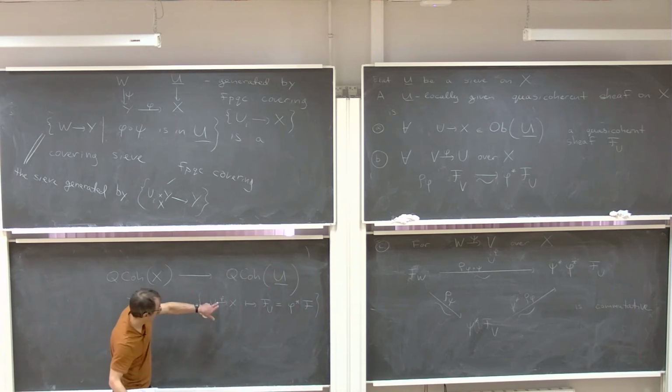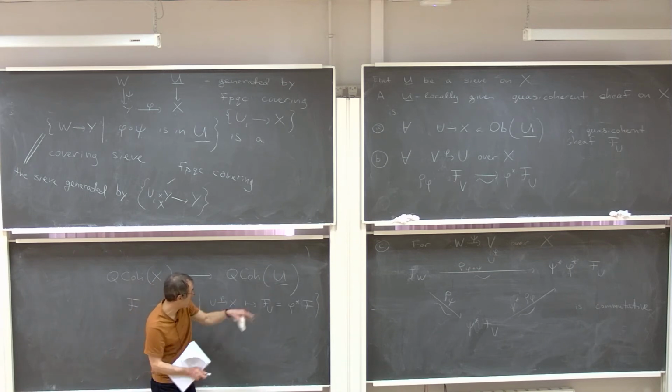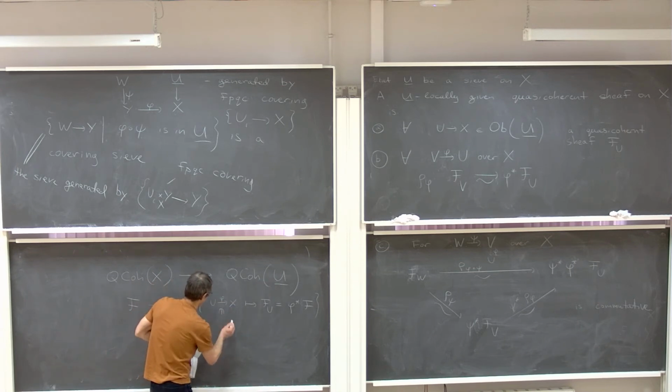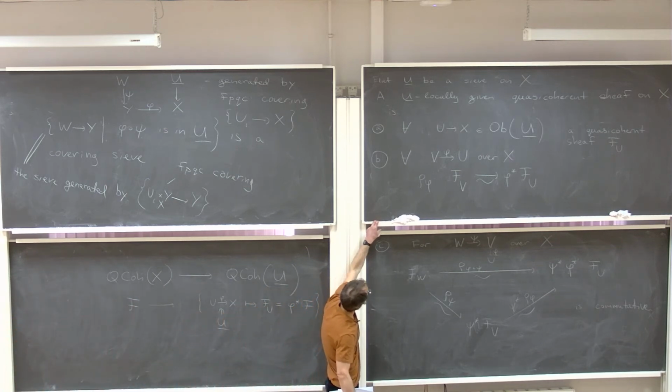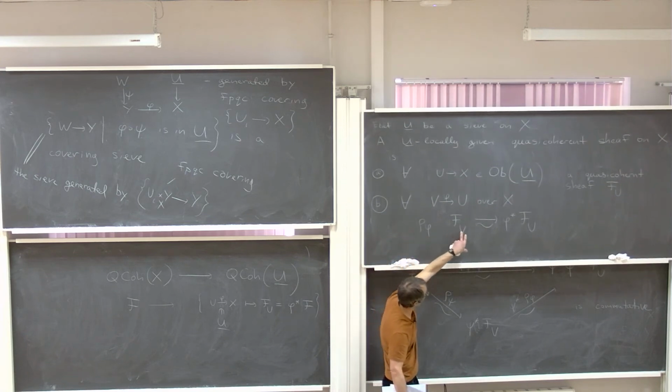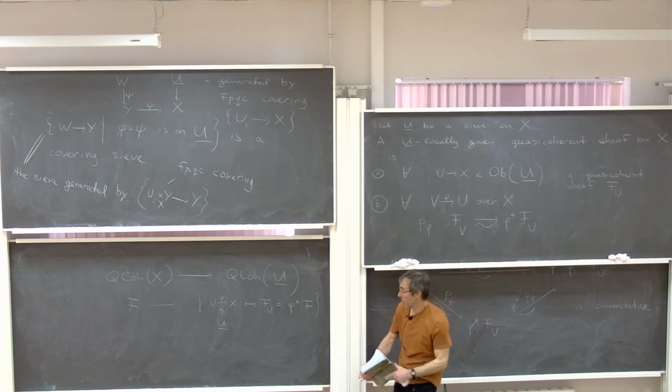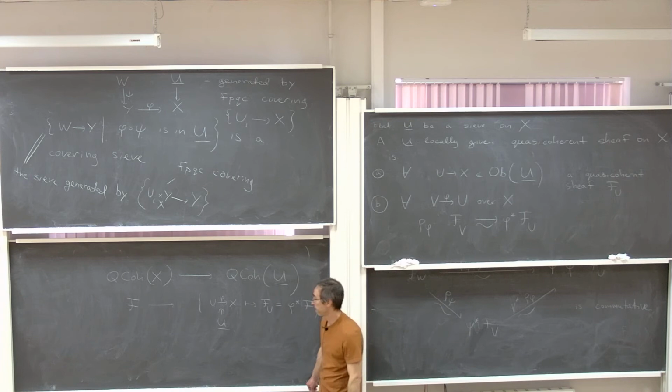This object need not be here in general, but for my applications, it will be in the sieve. So I will leave you to produce this canonical isomorphism. It just comes from the transitivity of the pullbacks.